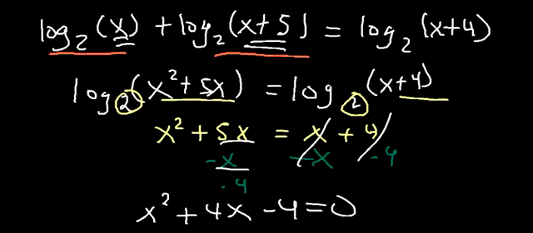Actually, we could finish this on this page. We can factor this. It's going to be two numbers that multiply to negative 4 but add to positive 4. Negative 2 and negative... No, that doesn't work.